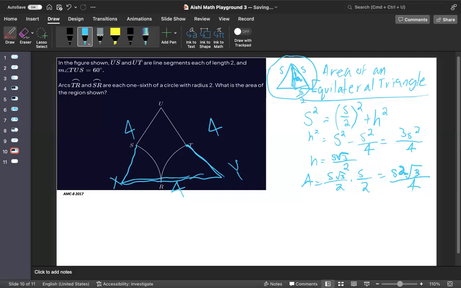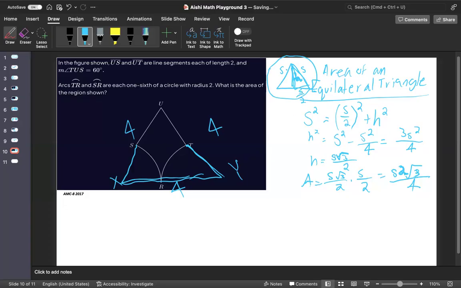So H squared would be S squared minus S squared divided by 4, which we would end up with 3S squared divided by 4. Okay, so H would be S root 3 divided by 2.